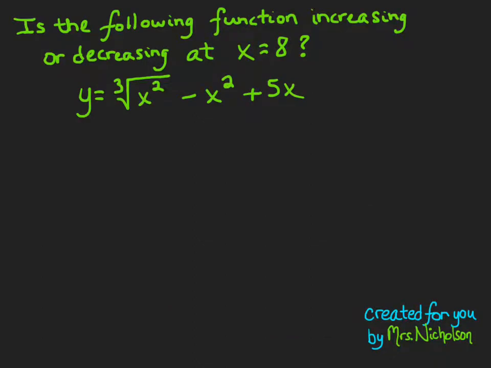Here I have the question, is the following function increasing or decreasing at x equals 8? And then we have a function y equals the cube root of x squared minus x squared plus 5x. The first thing I would want you to do on a question like this is to annotate for increasing and for decreasing.